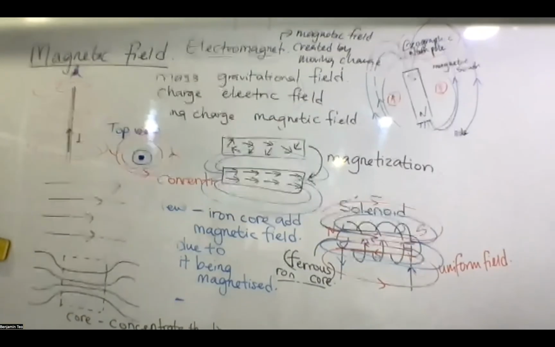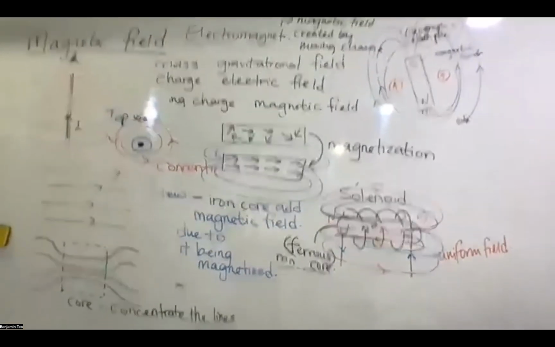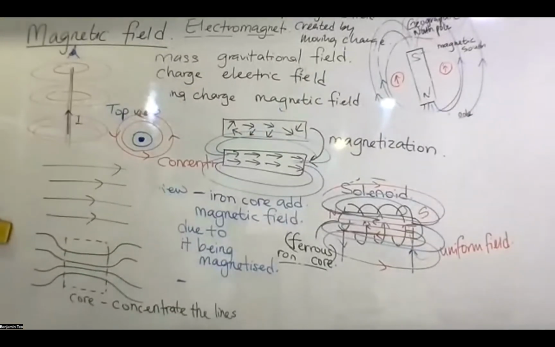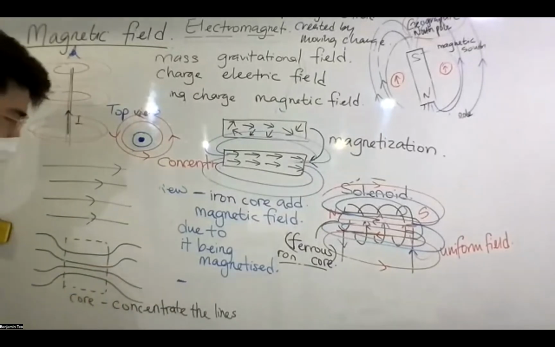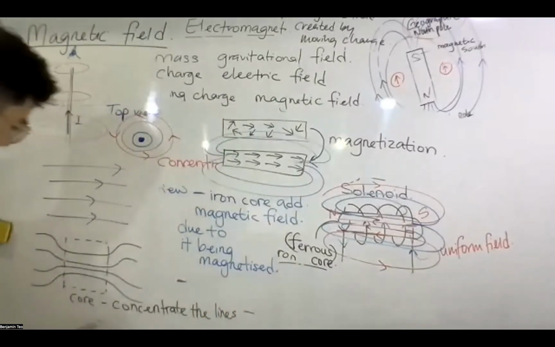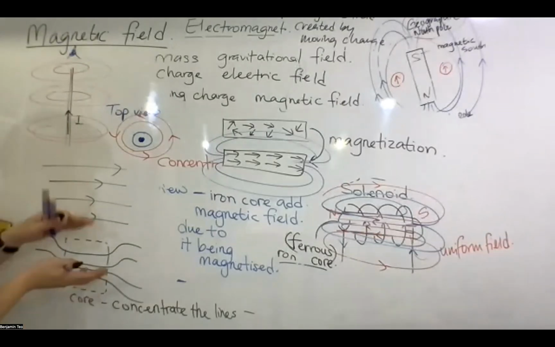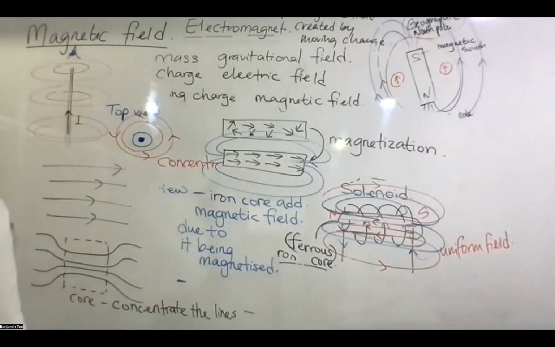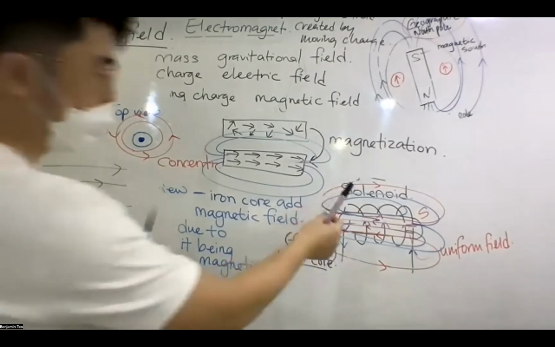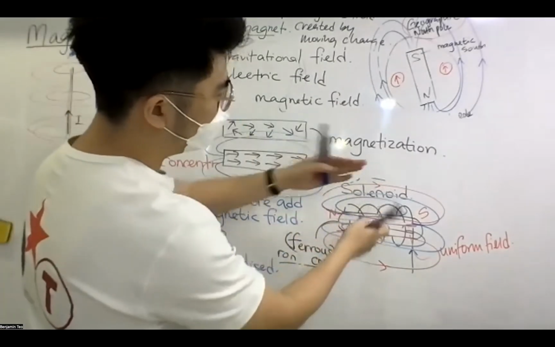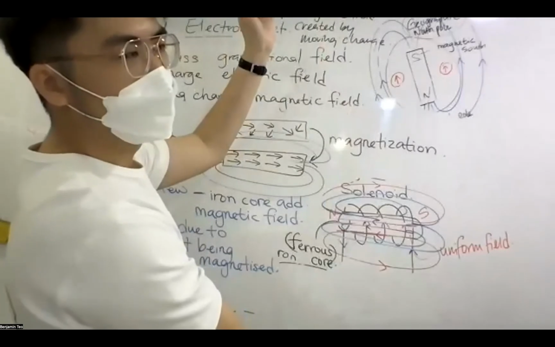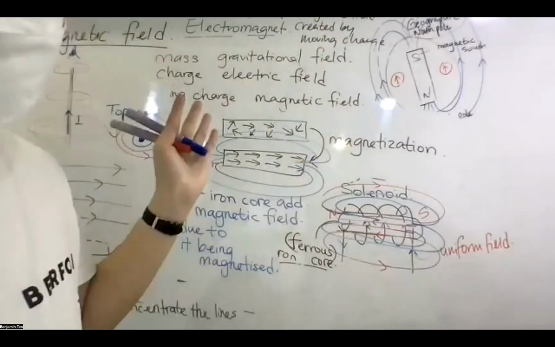Oh, you cannot see it. Let me. Okay, they concentrate the lines. That means they try to bring as many lines as possible together. Sometimes some lines will be too far away, which means they are wasted.